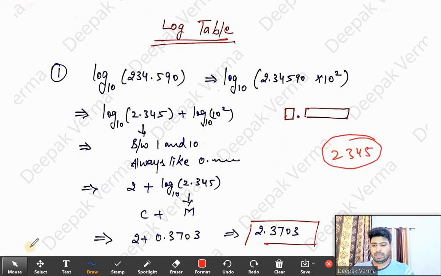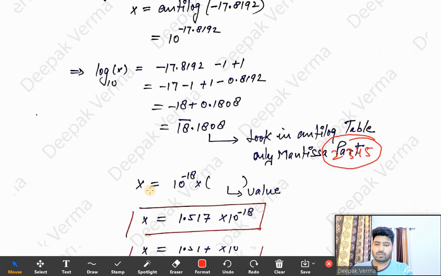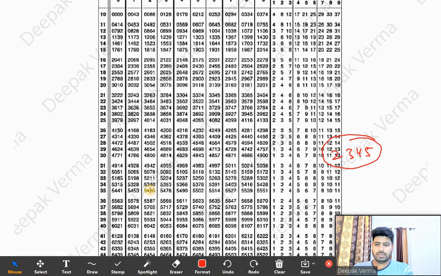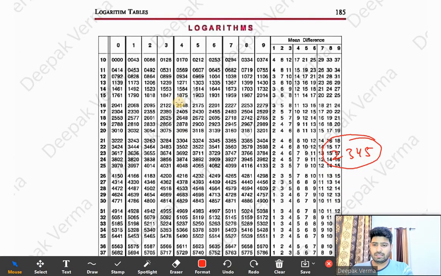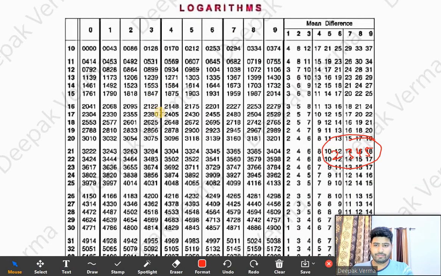Got it? Now we must be having a log table. So I have a log table. I can show you a log table. So this is the log table. It looks like this.